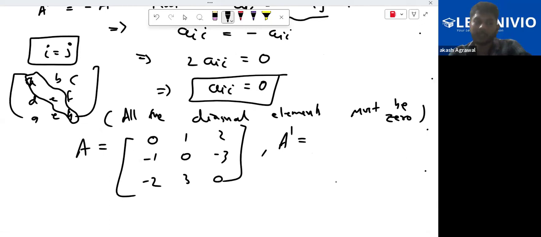There is no side diagonal, right? There is only one diagonal in a matrix. You can draw a line like this, but it is not called the diagonal of a matrix. Remember this: the diagonal of a matrix is not defined by the other side. It is defined where i equals to j.